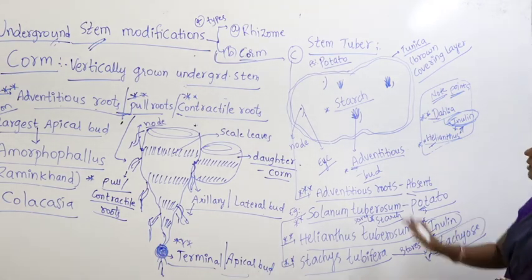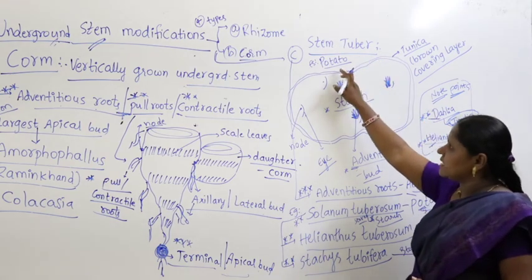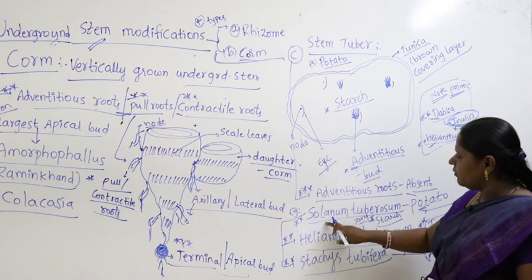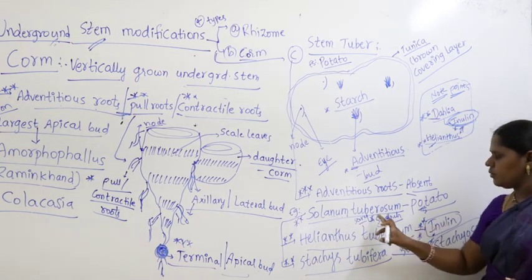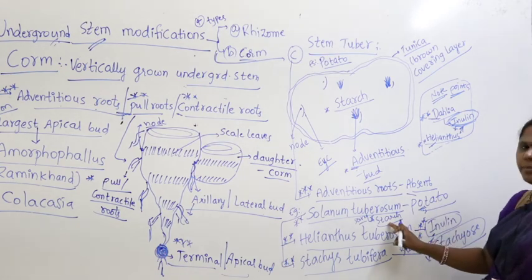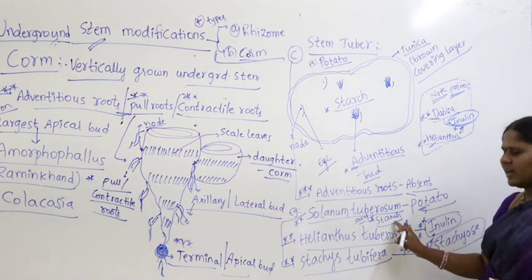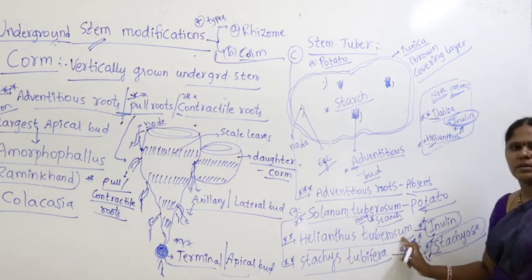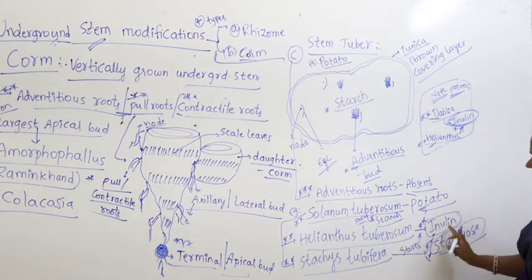I repeat again. Stem tuber. What is the best example for stem tuber? Potato. What is the scientific name for potato? Solanum tuberosum. It is commonly called potato. What is the reserve food material it stores? It stores starch. Similarly, Helianthus tuberosum, what sugar does it store? Inulin.